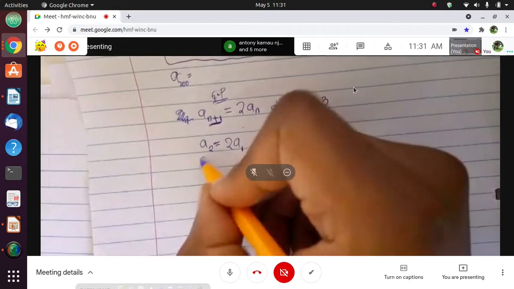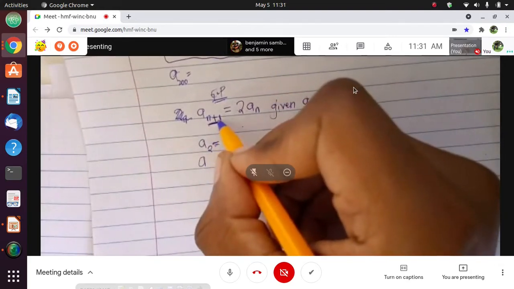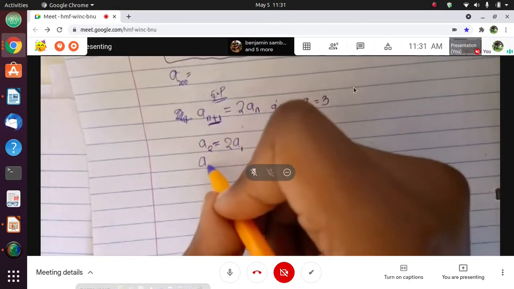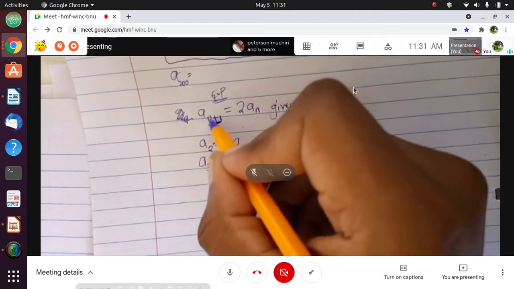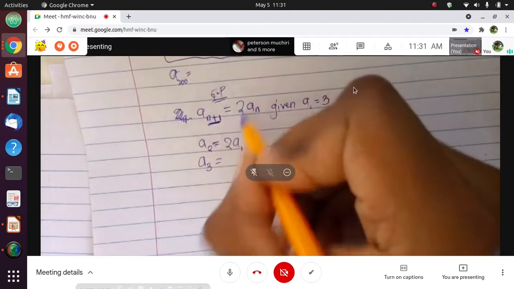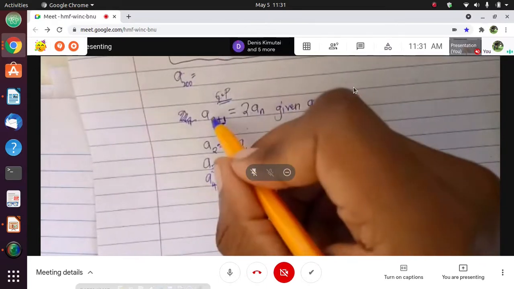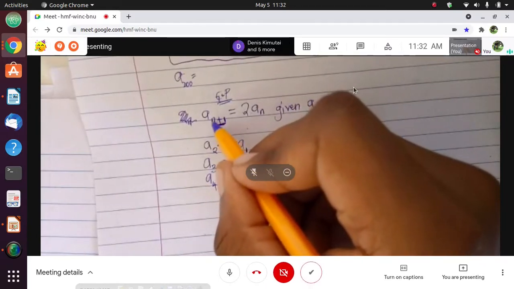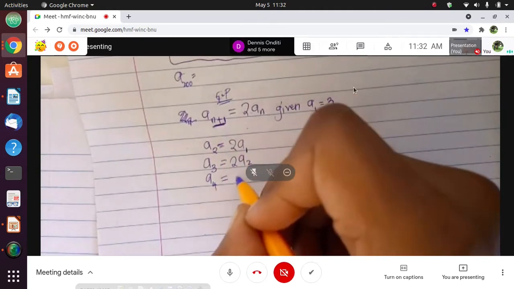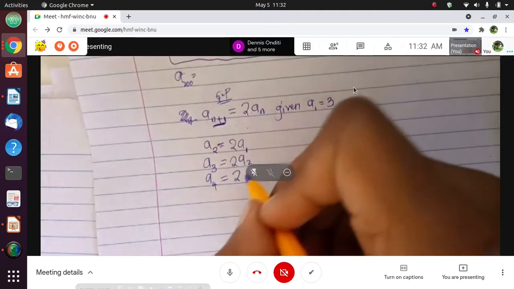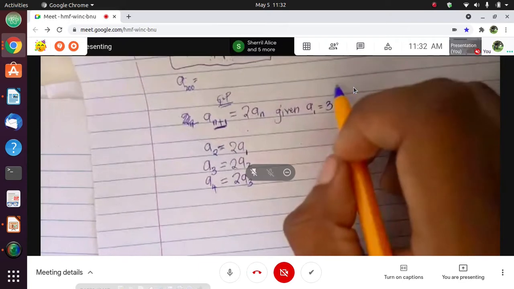A3, what will I do to this to get 3? I will take 2 plus 1. So a3 is equal to, we have replaced n with 2, 2 a2. The fourth term, a4, I've taken n to be 3, so 3 plus 1 to give me 4, is equal to 2 a3. Are we seeing?